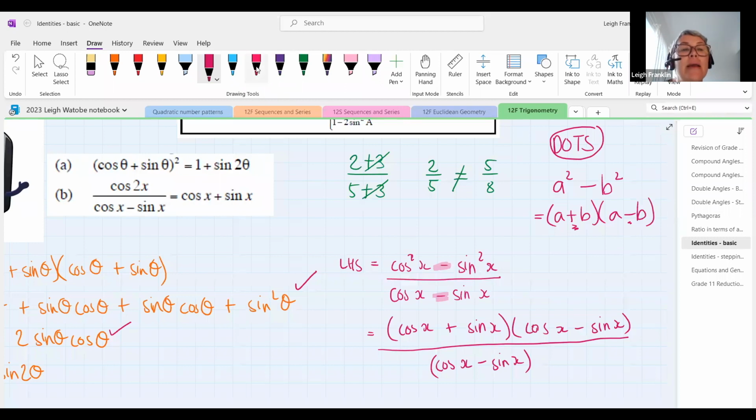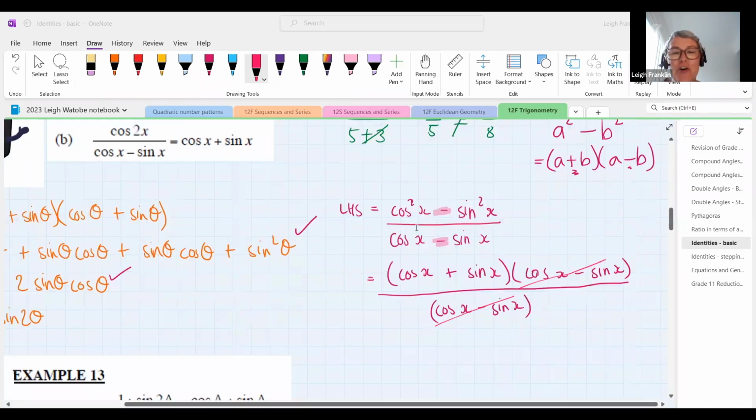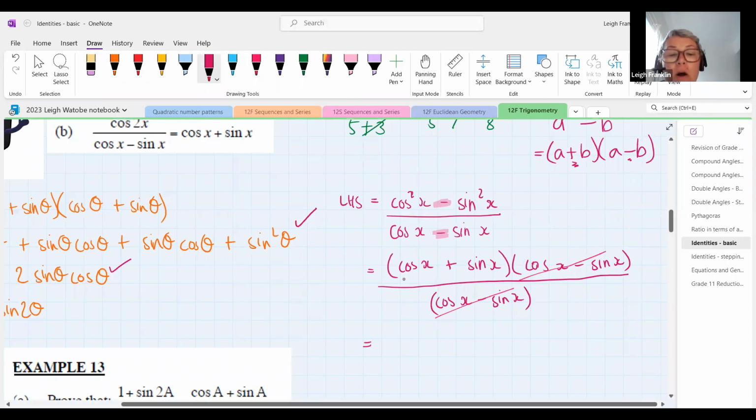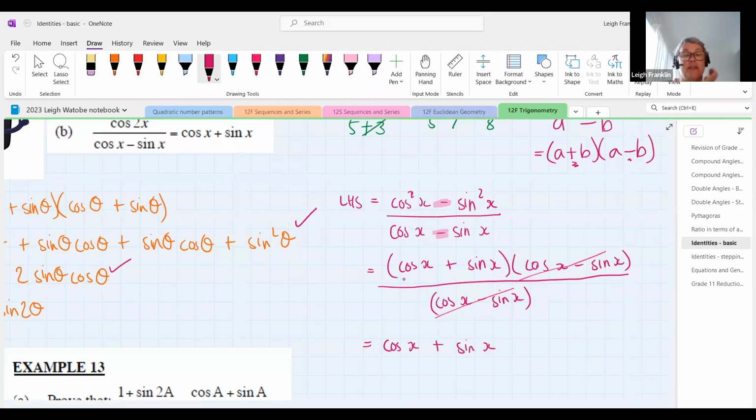And now I can cancel a bracket at the top with an identical bracket at the bottom. Okay, now I understand. Thank you. Pleasure, no problem at all. And here we go. We've got to our answer. We've got to our right-hand side. So cos x plus sine x, and now our left-hand side does in fact equal our right-hand side.